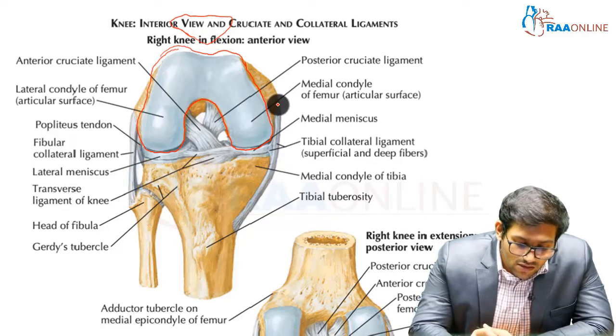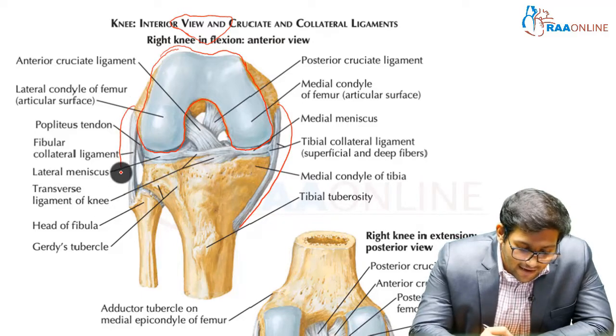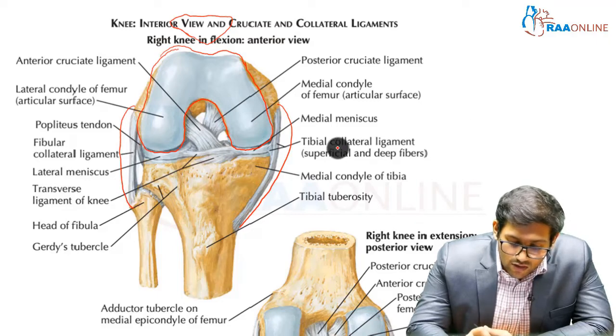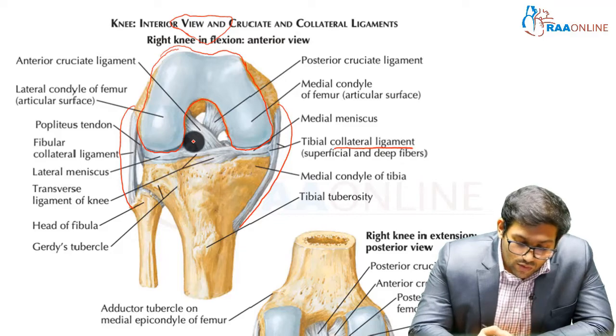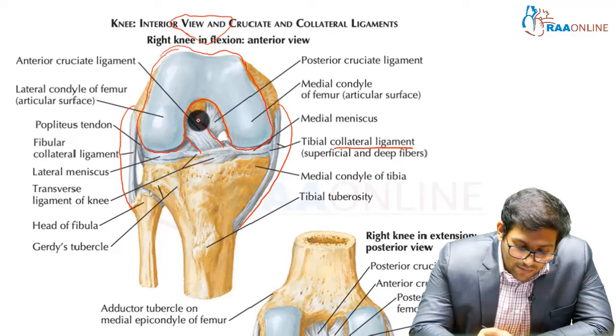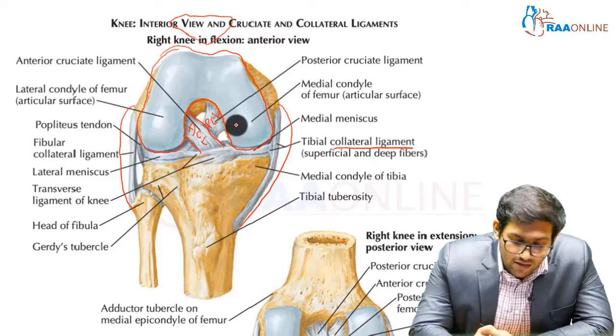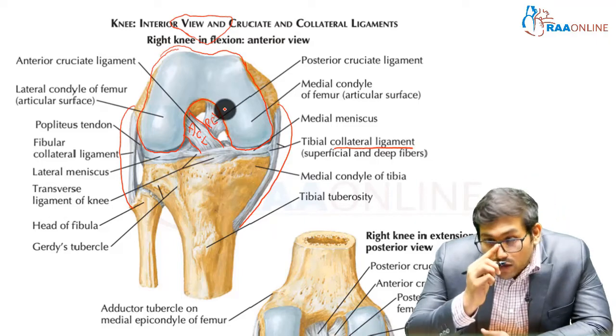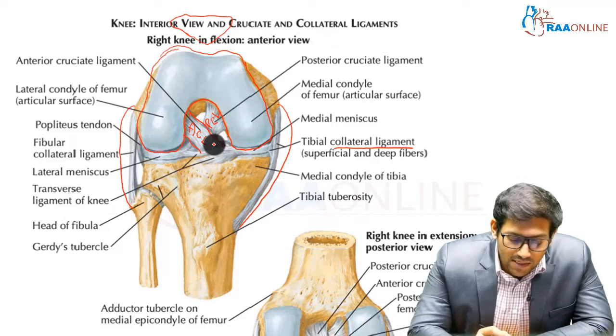The two outer structures on the medial and lateral side, which are your collaterals, and your two inner taut structures arising from the tibia: from the anterior, your ACL, and from the posterior part of the tibia attaching on the medial side of the femoral intercondylar notch, your PCL.